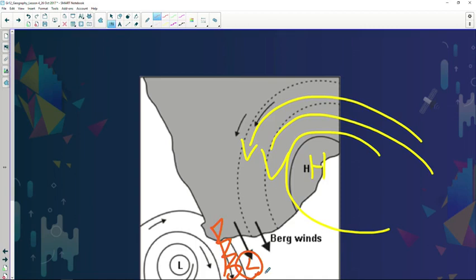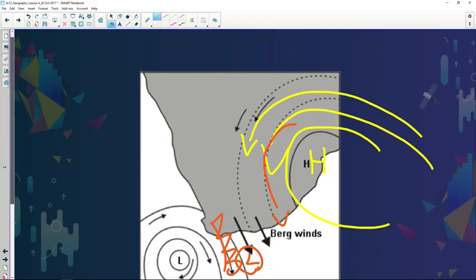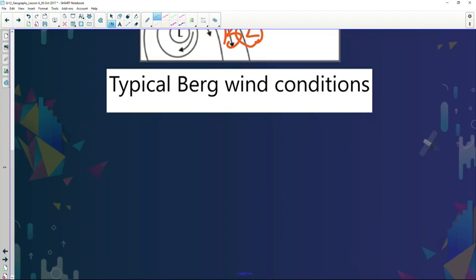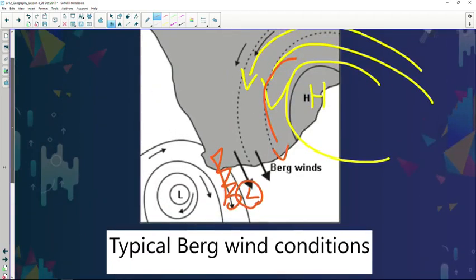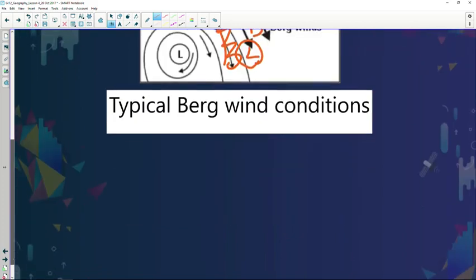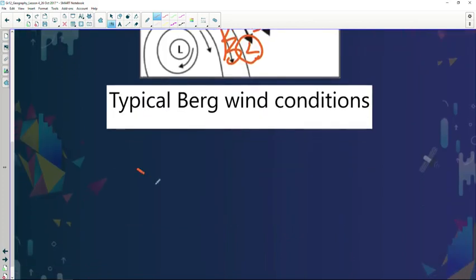And what do you know? Air moves from a high pressure to a low pressure. And if I had to draw a cross section from, let's call this point A and this point B, this is what it looks like from point A to point B. There's point A, there's point B.